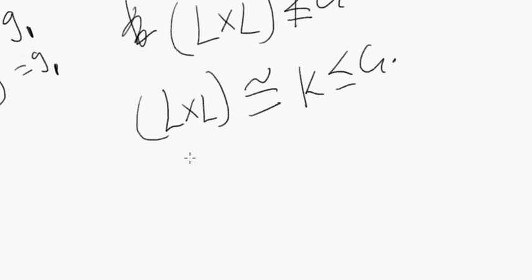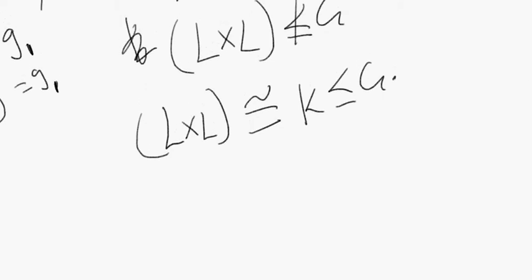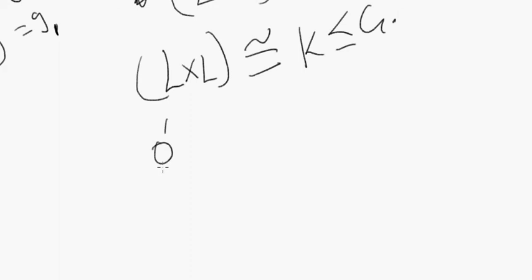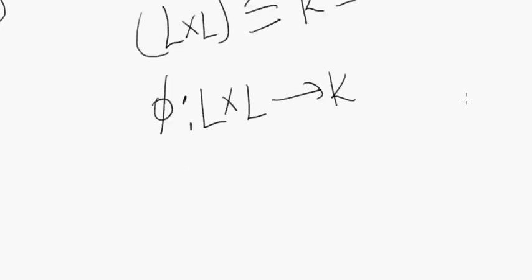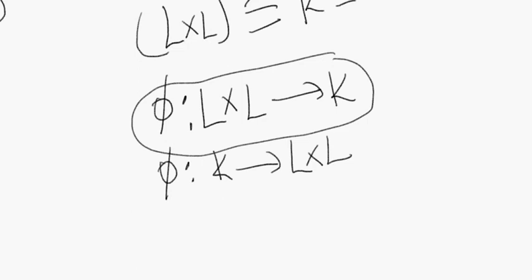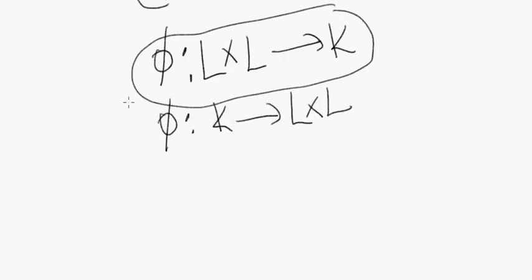Even if we had some L whose order is p, what isomorphism can we define from L cross L to K? Or perhaps it's even better to think about it as from K to L cross L. We don't know which side is easy to conceptualize. Let's start with the L cross L to K side. Why? It's just a flip of a coin, I guess. Intuition. Not sure. But let's see.